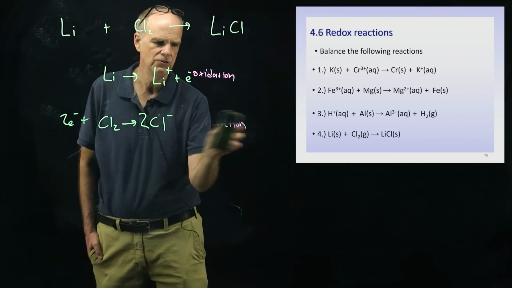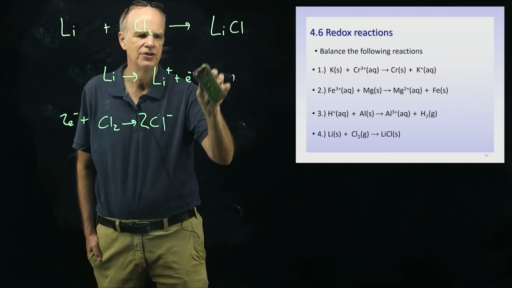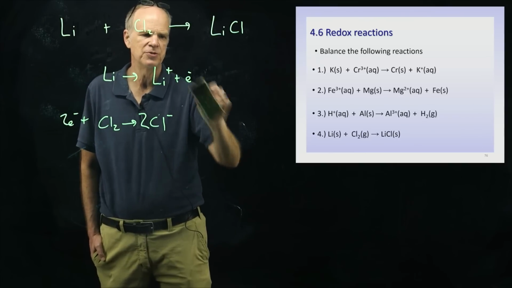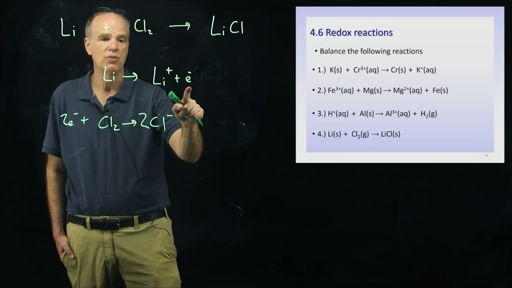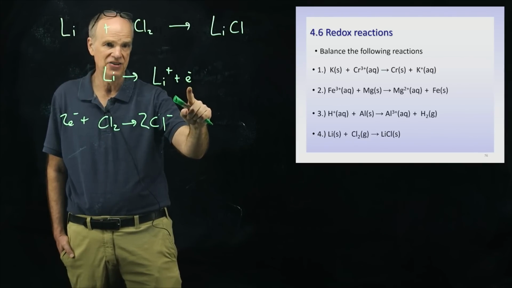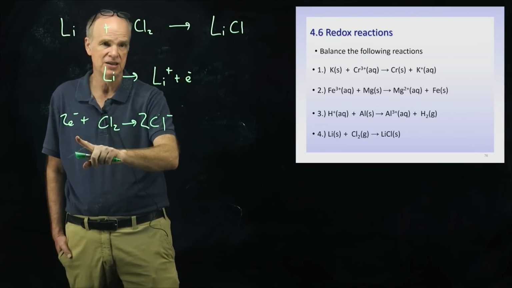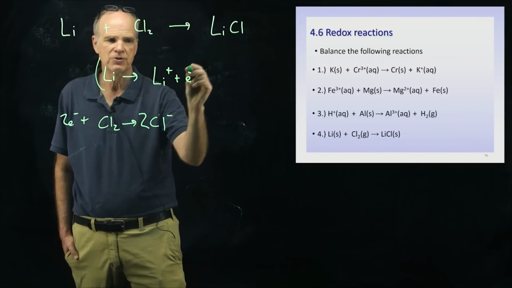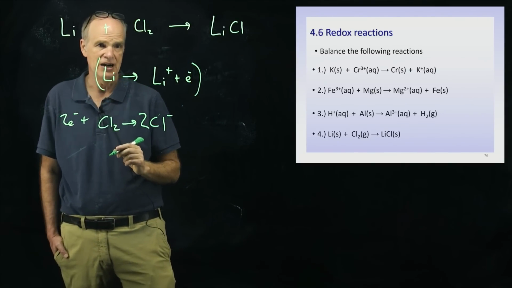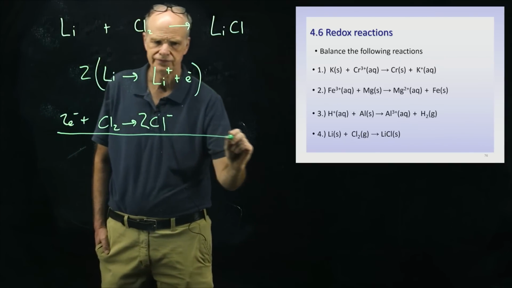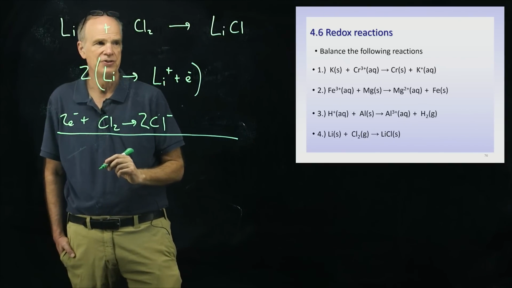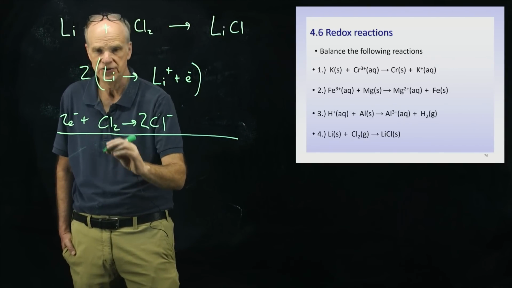Now what we need to do is balance the number of electrons being passed between the oxidation reaction and the reduction reaction. You can see that there's 1 electron being lost in the oxidation reaction, 2 electrons being gained in the reduction reaction. So it looks like we're going to have to multiply the entire oxidation reaction by a coefficient of 2. Okay, so now what I'm going to do is rewrite these equations.